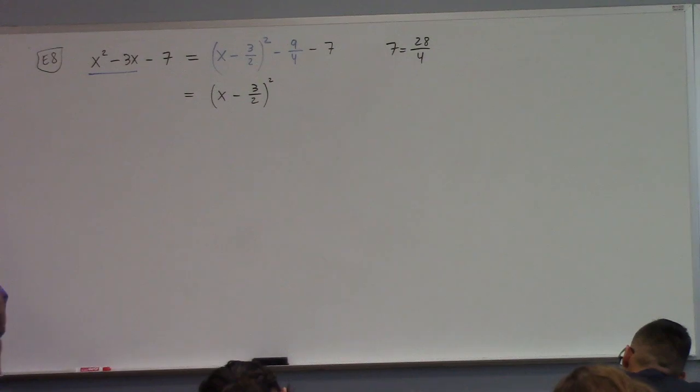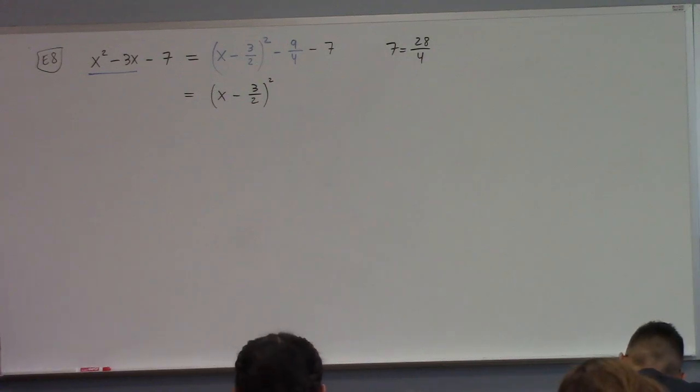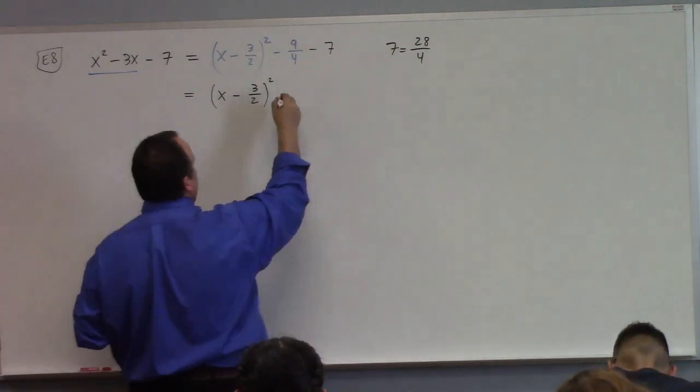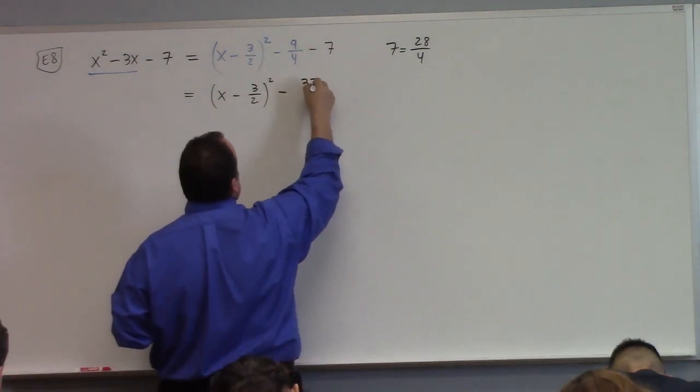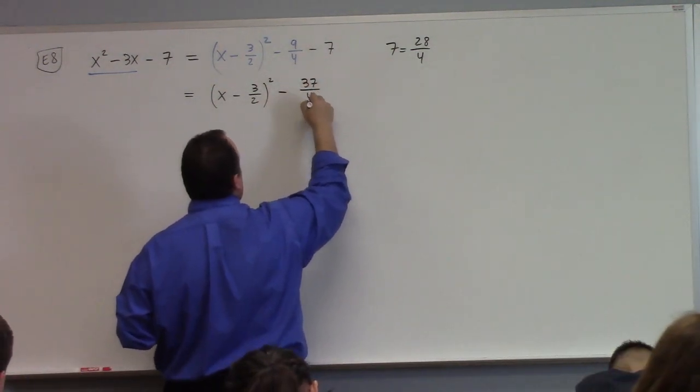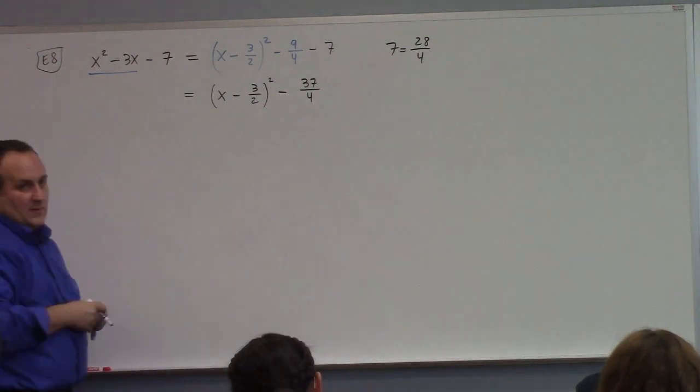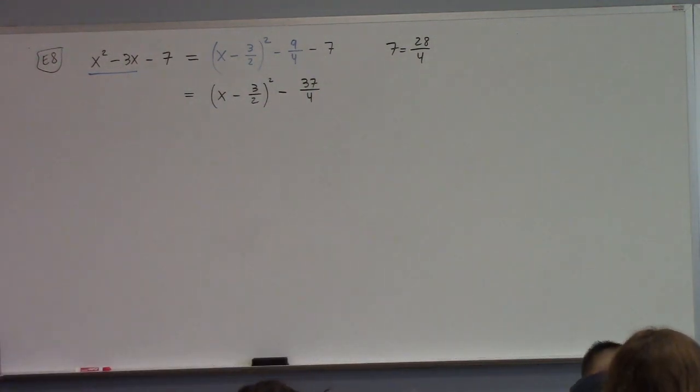In other words, 28 plus 9 is, I heard a 37. So minus 37 over 4. All right. Approved? Okay.